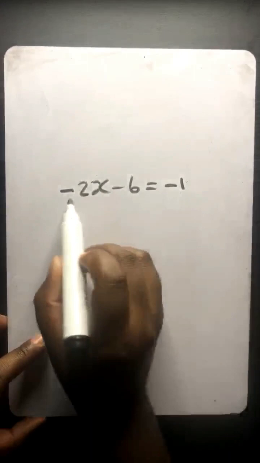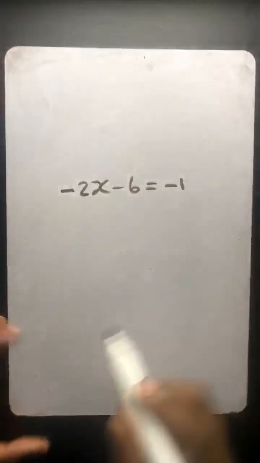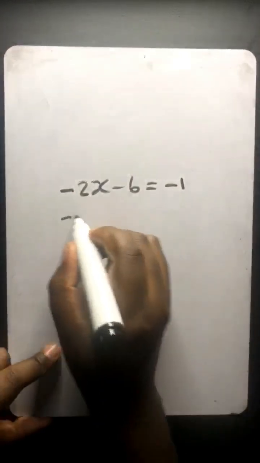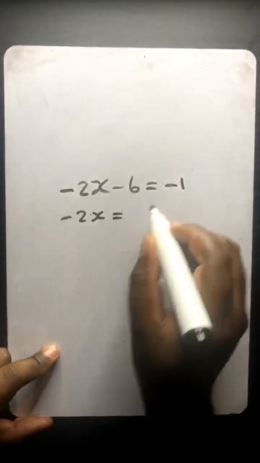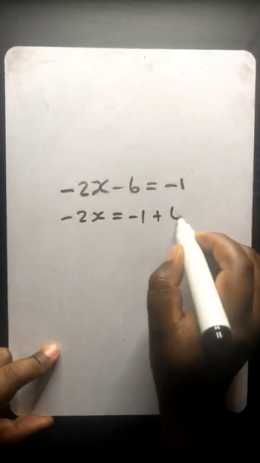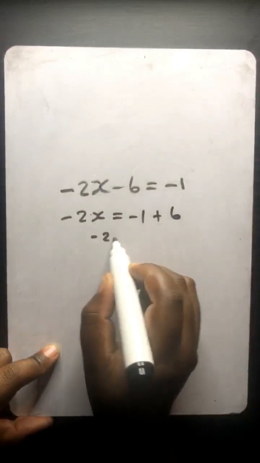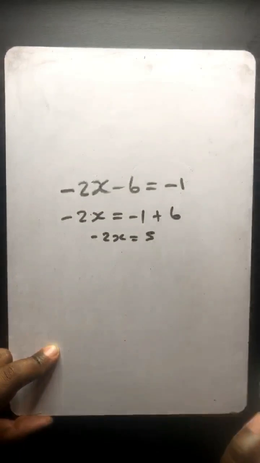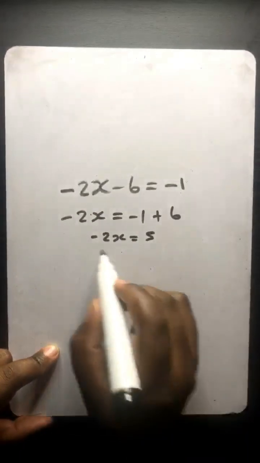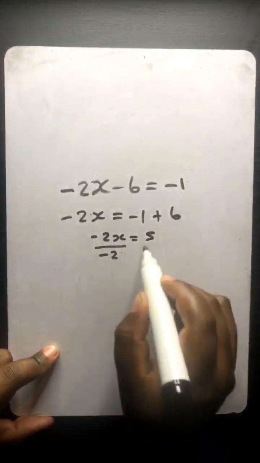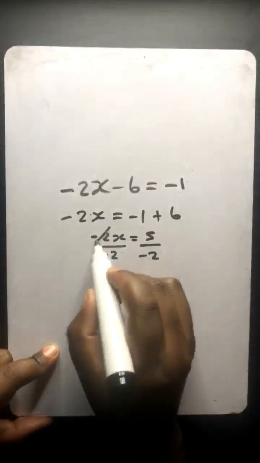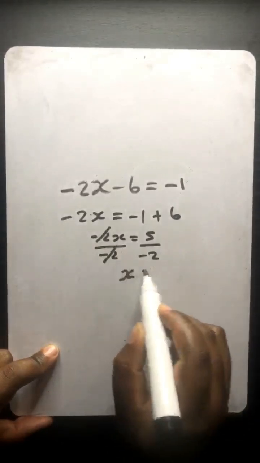Remember, this is a linear equation, so you transpose. On the left you have negative 2x, which is equal to negative 1 plus 6. Negative 2x is equal to 6 minus 1, which is 5. So you need to remove that negative 2. That's why you divide by negative 2 so that it cancels and you remain with x.